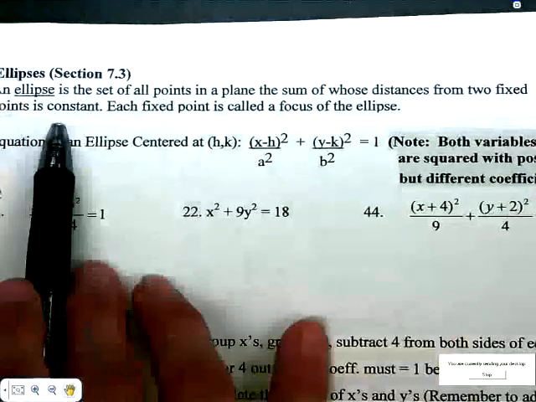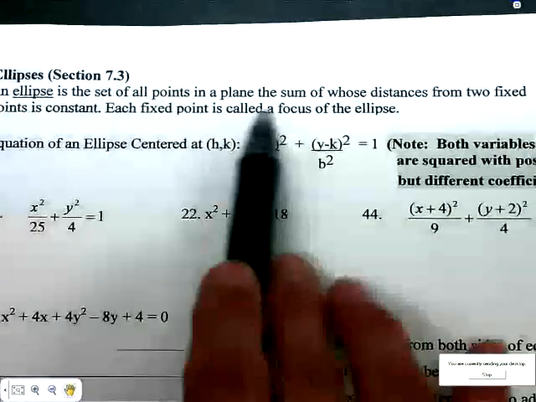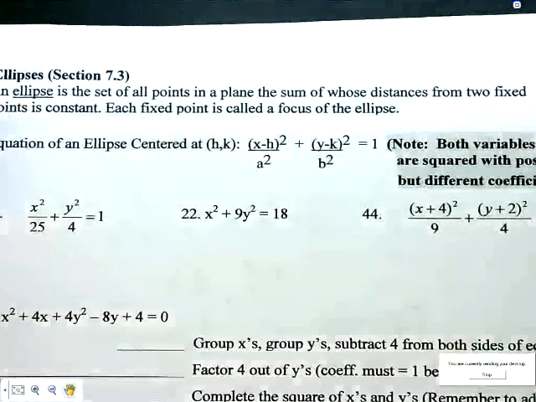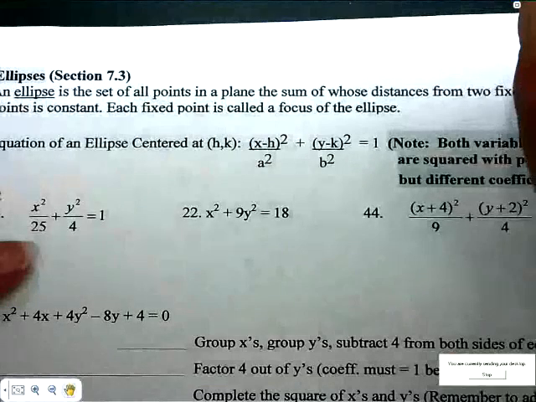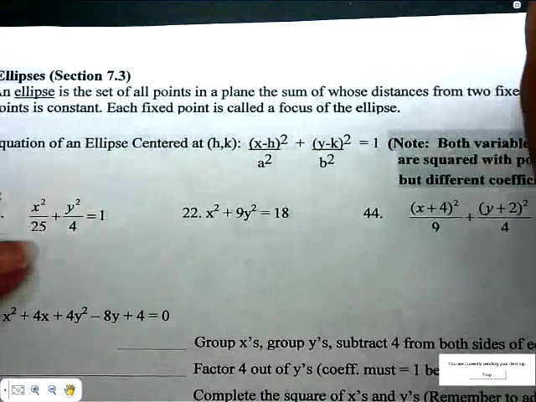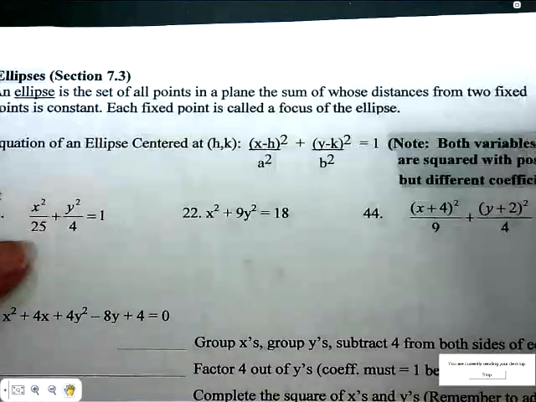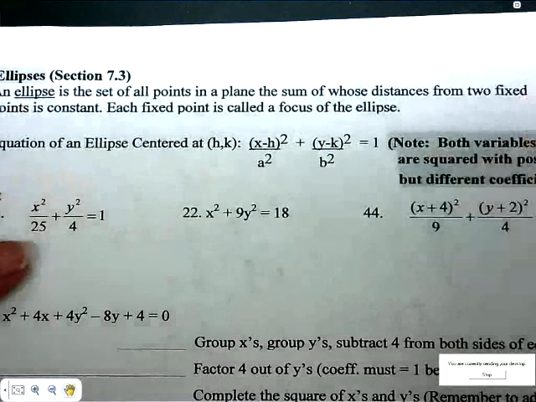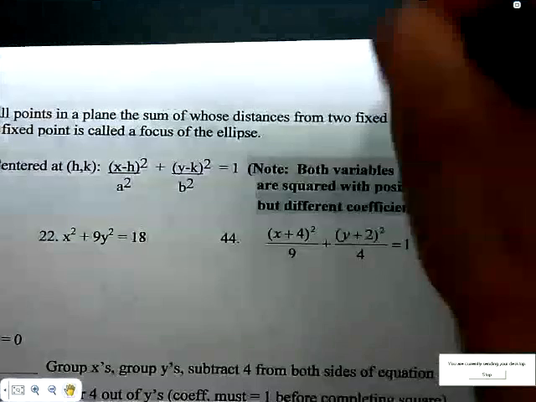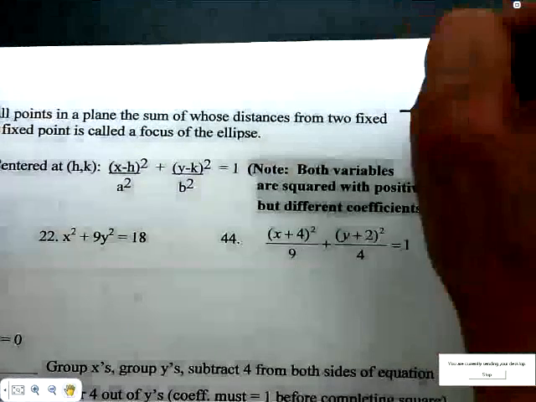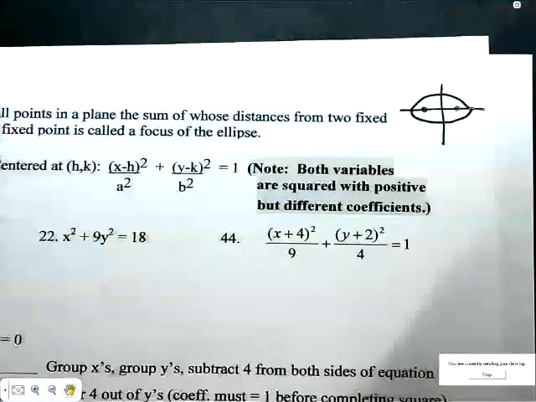Each fixed point is called a focus of the ellipse. In other words, when I graph an ellipse, and I'll just, for an example, use one that has center at the origin, there are 2 points inside an ellipse called the foci of the ellipse.